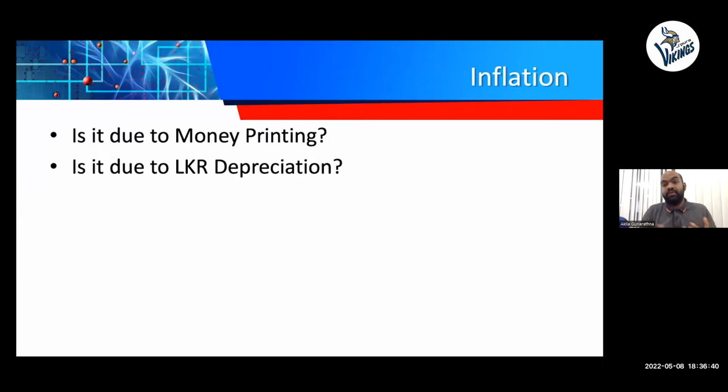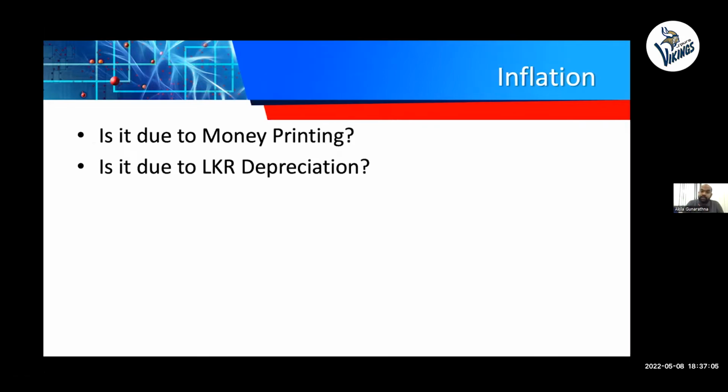You need a plan to improve your exports, you need more export revenue, you need to earn more dollars, foreign income for the country. We didn't have many long-term plans for that. So the main reason behind the current inflation is partially money printing, but more than that, it's the exchange rate depreciation.